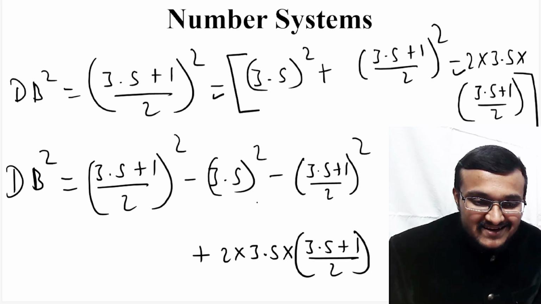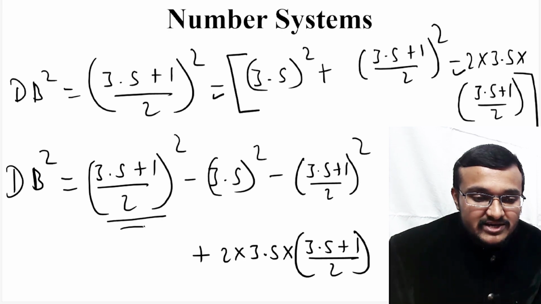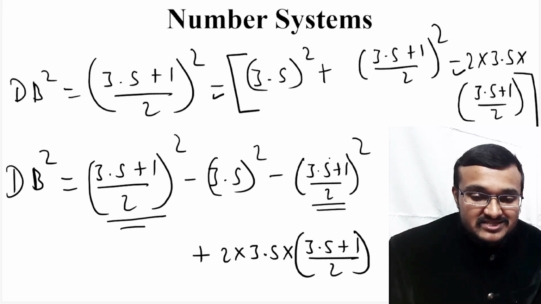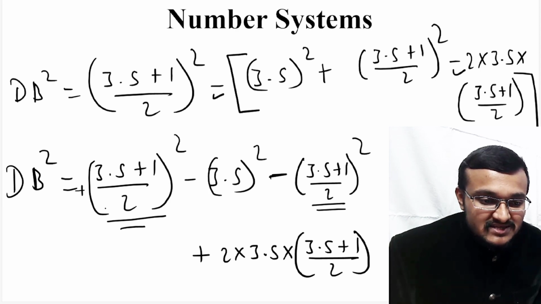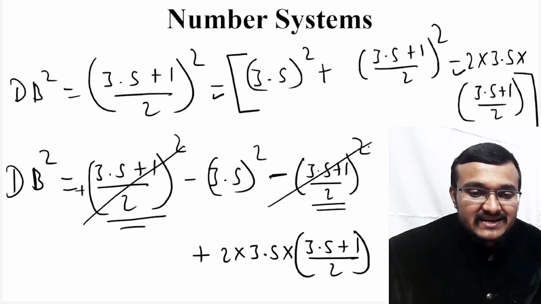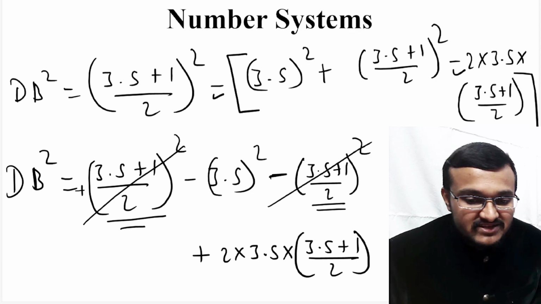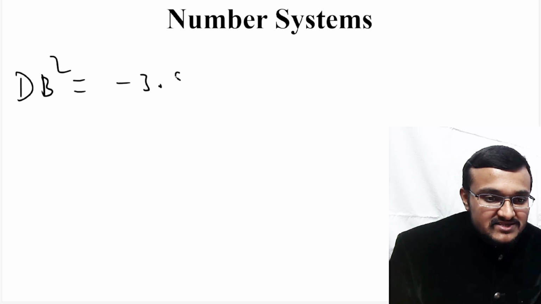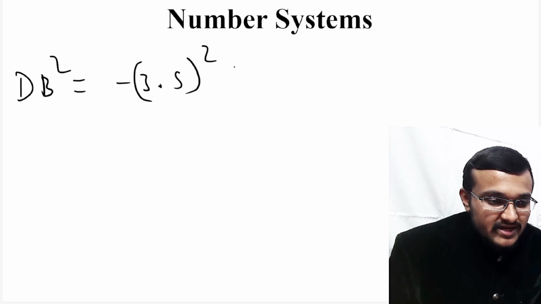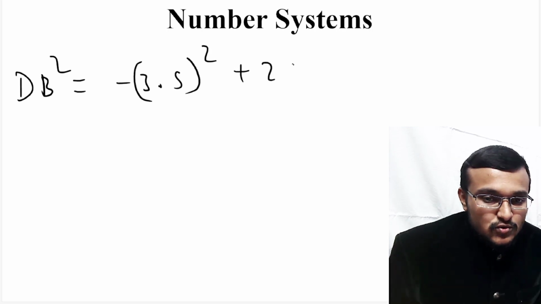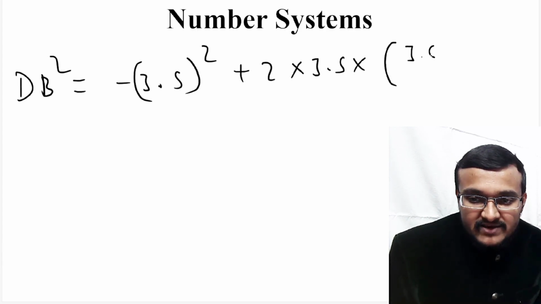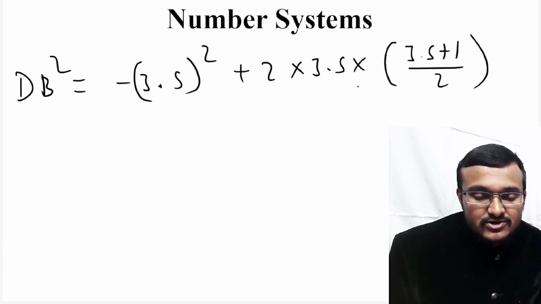Here you can clearly see ((3.5 plus 1) by 2) whole square is there, and the same value is there again, but here there is a minus and here there is a plus. So these two values cancel each other. So DB square is equal to minus 3.5 whole square plus 2 into 3.5 into (3.5 plus 1) divided by 2.